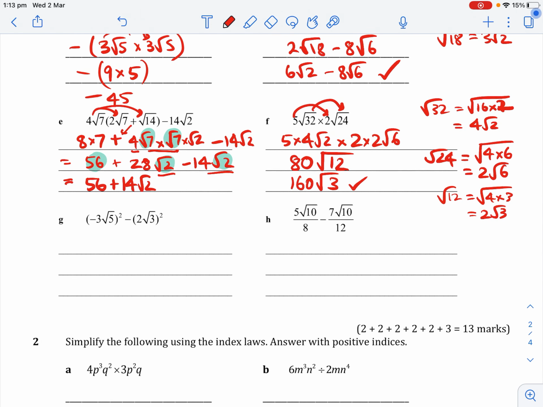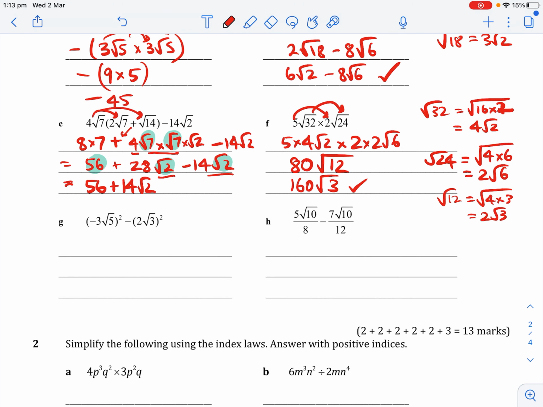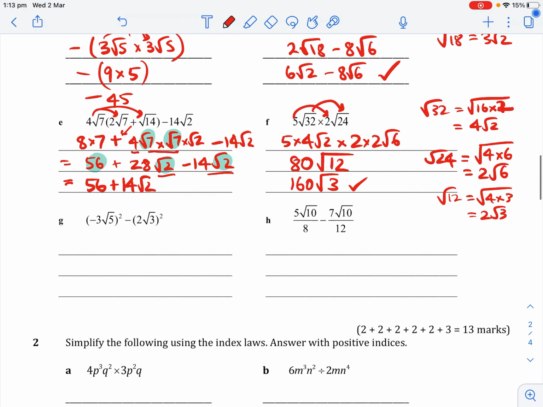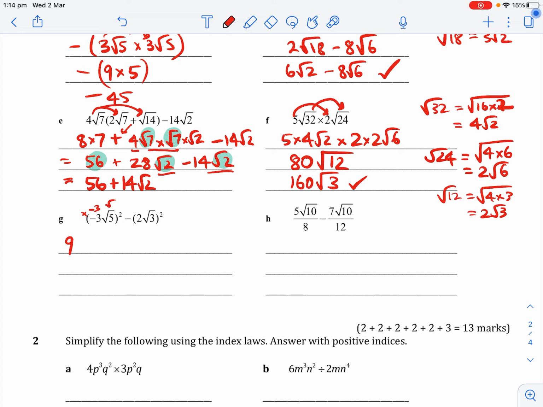Next problem's a bit ugly. It's not too bad, but let's work through it one part at a time. So I've got negative 3 root 5 squared, so I need to do negative 3 times negative 3. So negative 3 times negative 3 is positive 9. Root 5 times root 5 is just 5. So now I've squared the first part.